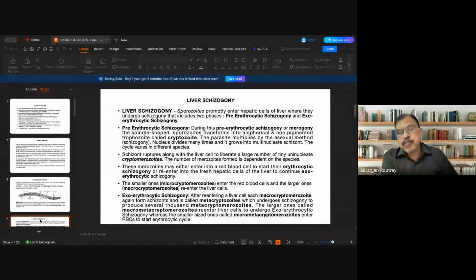Now, in general, it is believed that the resultant cryptomerozoites are not identical, they differ in their structure, shape and size. The smaller ones only will enter the RBC, but the larger ones have the potential to re-enter the liver cell and continue the liver schizogony as exoerythrocytic schizogony.